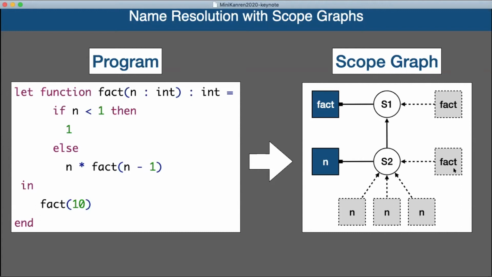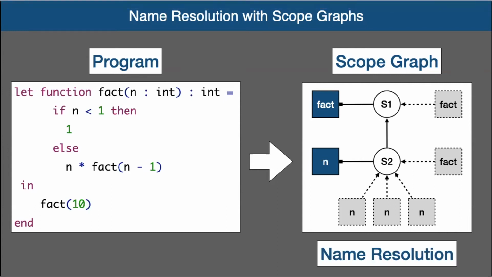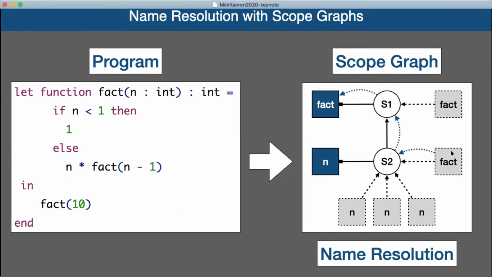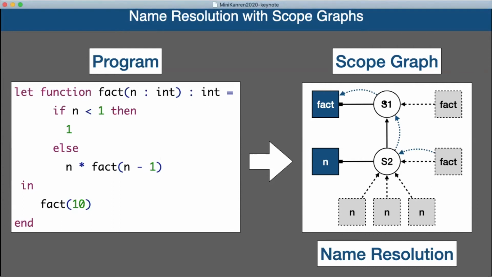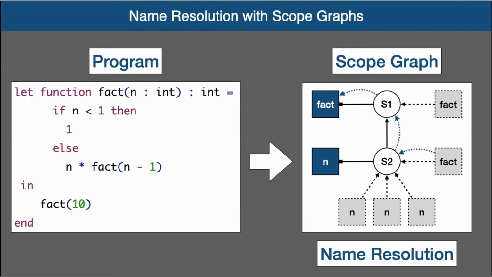And then finally we have name resolution, which is a matter of resolving paths in the scope graph, so finding a path from a reference of factorial over here to the declaration over here. While the mapping from a program to a scope graph is language specific, resolution in the scope graph is language independent. So that's a reusable aspect of name binding that we can reuse across programming languages.